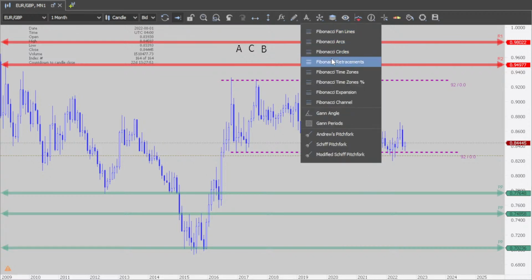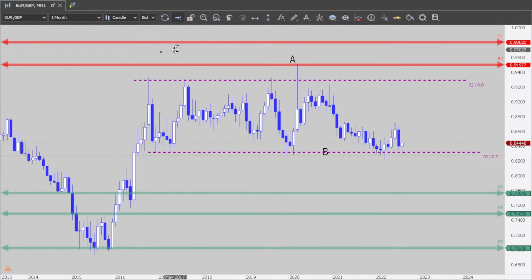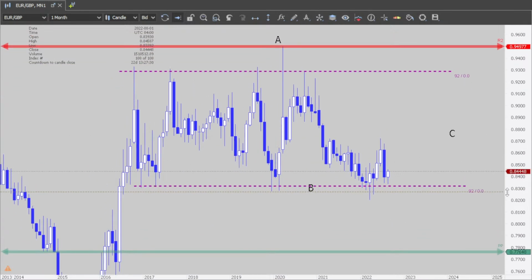So, when you draw something like this, you would say, okay, this is the A, right? This is the A. The first, I'm not sure which one is the low. Let's zoom in, everybody. A, B, C, D. So we're talking about a down Fibonacci.